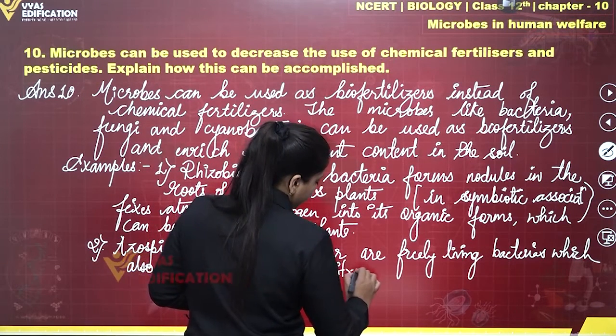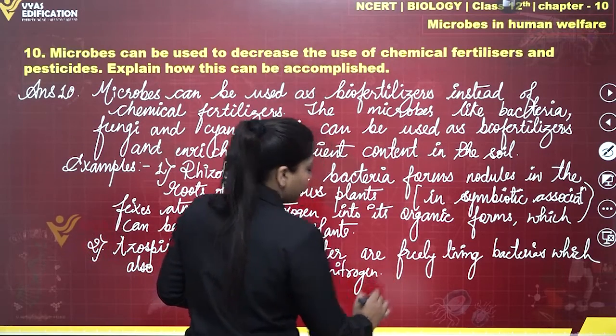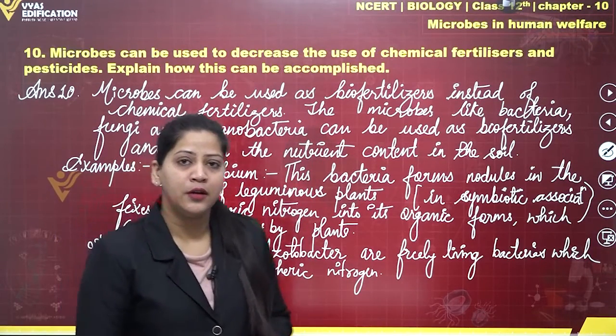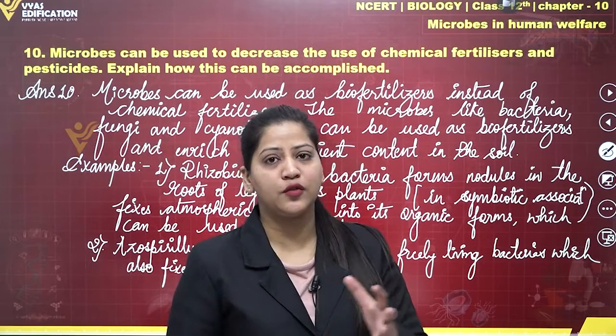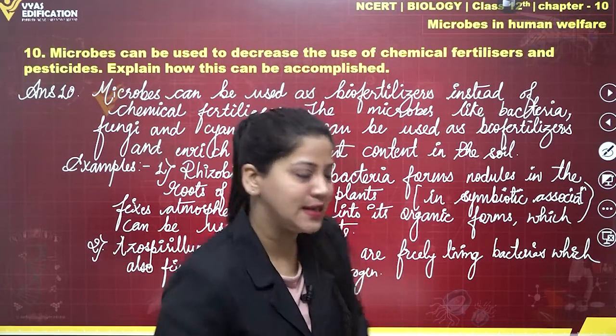Clear? So these are examples of bacteria which fix the atmospheric nitrogen so that the plants can use it easily.